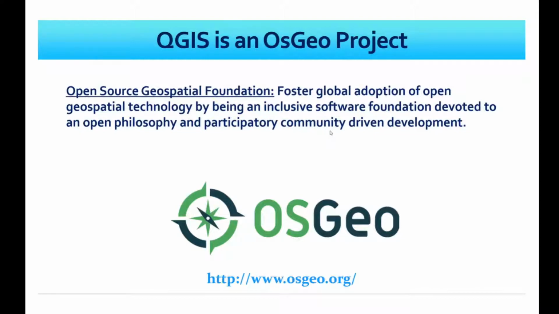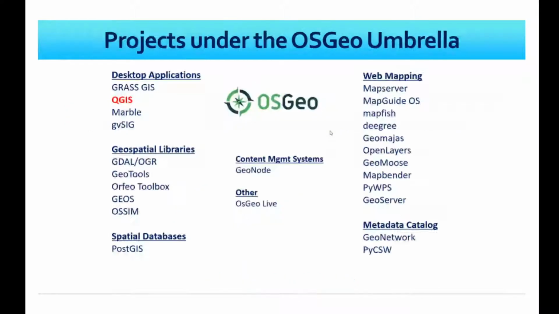So you can go to osgeo.org to read about that organization more. But the organization has a lot of softwares under its umbrella, in air quotes. So we're going to be using QGIS, highlighted in red here, but there's a lot of other open source mapping related projects out there other than QGIS. So QGIS is in the category of desktop applications. There's also another one called GRASS that's very popular. There are libraries.